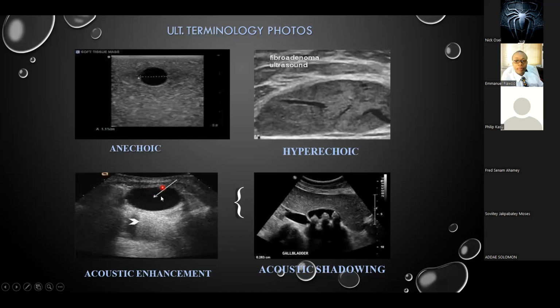Acoustic enhancement. Because the sound waves are able to pass through a place that is anechoic, when they hit the other wall, the sound waves are enhanced. That is what is referred to as acoustic enhancement. Okay, so you see an area of higher reflection happening after an anechoic area.